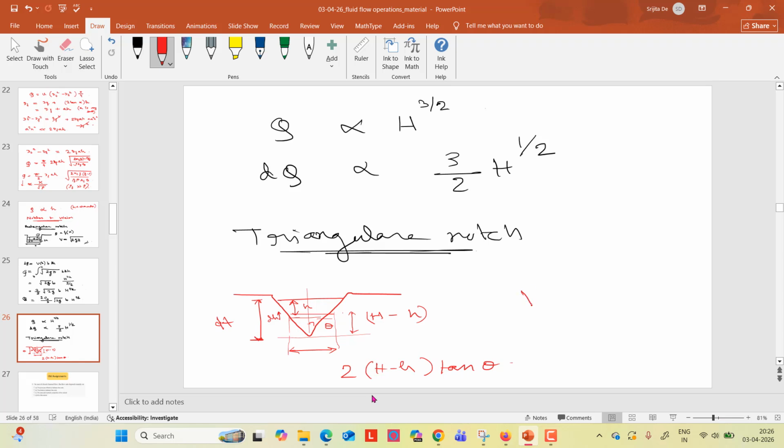So you know that V equals root under 2gh from Bernoulli's equation.